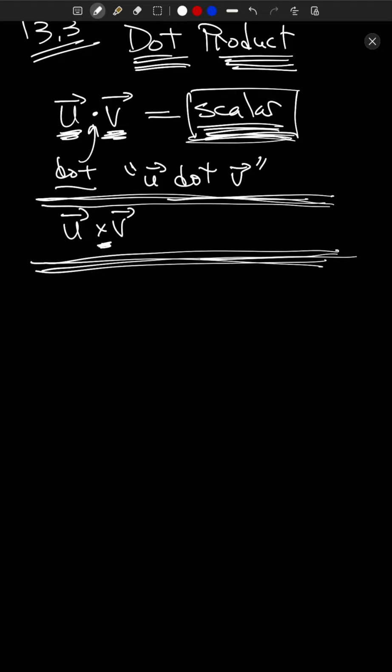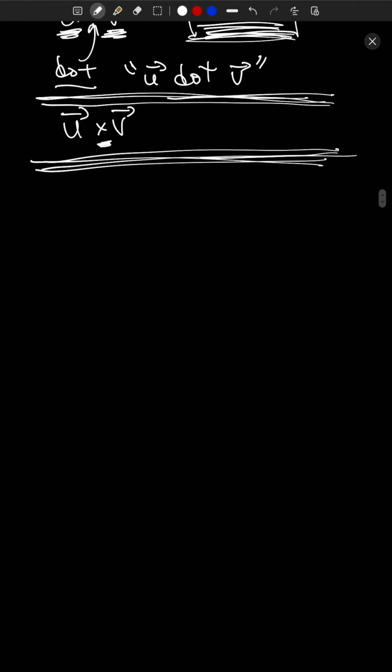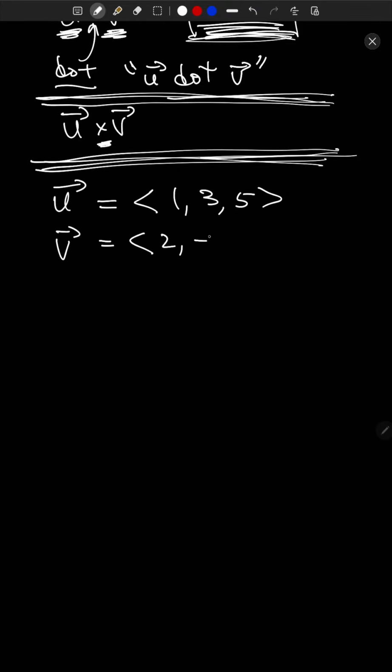So I'm going to introduce it in the algebraic way, just by example. Let's say I have a vector u, and it's 1, 3, 5. Let's say I have a vector v that is 2, minus 1, 7. What's u dot v?